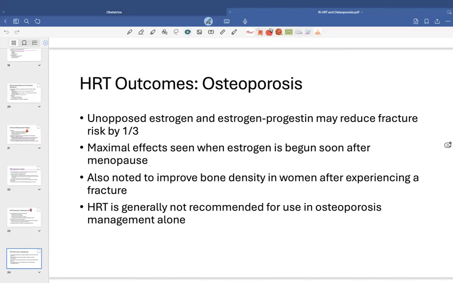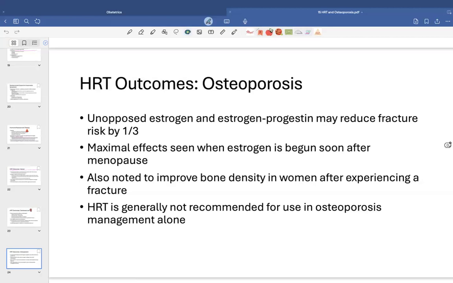And even if they've already experienced a fracture, you can see some improvements with hormone replacement. But if we are just using it for osteoporosis management, it's really not recommended. We have lots of other drugs, which we'll be talking about in a minute, for osteoporosis.